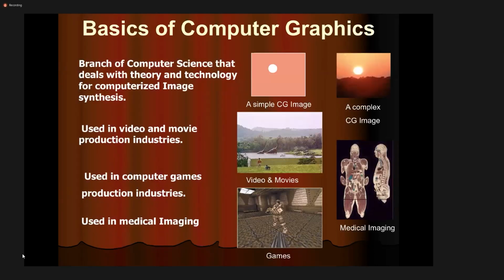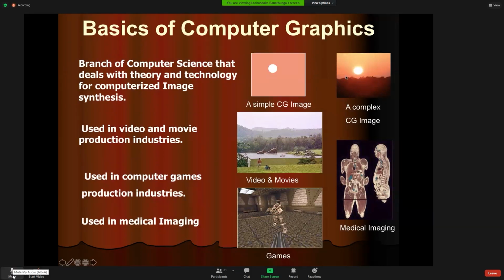Now, when we look at the basics of computer graphics, computer graphics can be divided into two parts. Now look at these two images, right? Can you see two images on the screen? Right hand side, what type of thing is there?